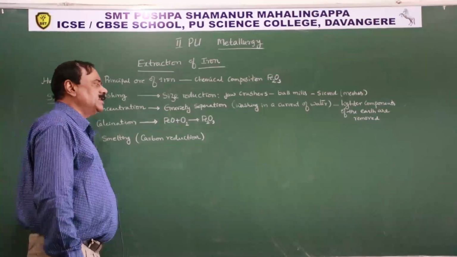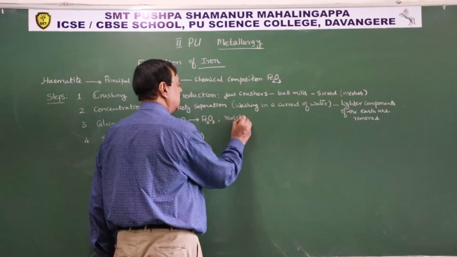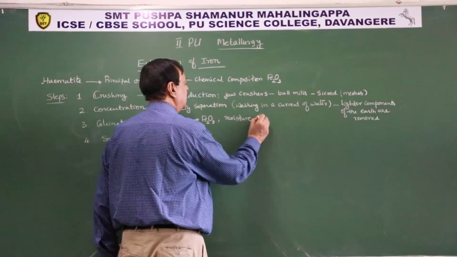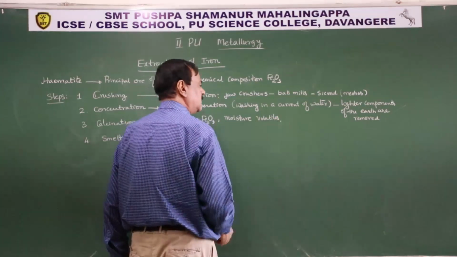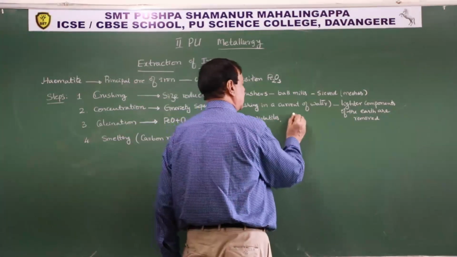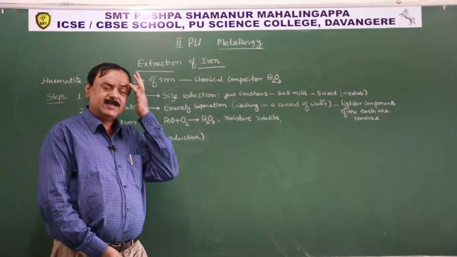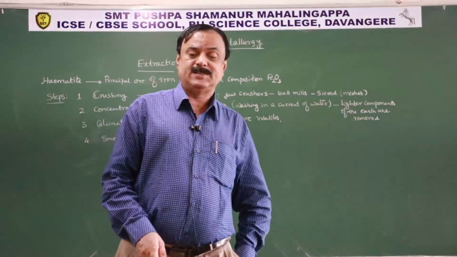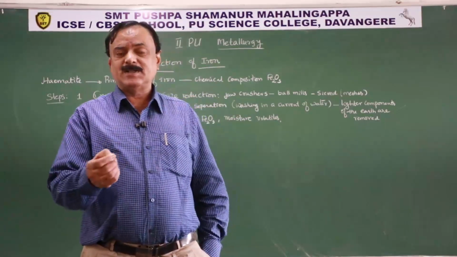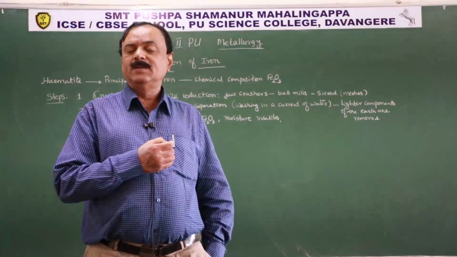Here the moisture is removed; moisture volatilizes. If any arsenic or antimony impurities are present, they are oxidized to the respective stable non-metallic oxides. Arsenic is converted to arsenic trioxide, antimony is converted to antimony trioxide.